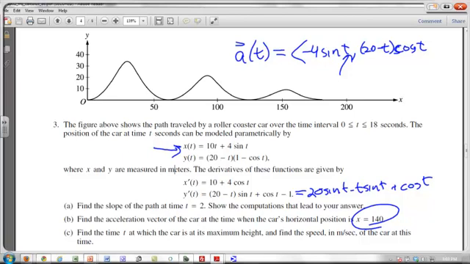Like x equals 140. You would say 140 is equal to 10t plus 4 sine t. This is a problem 3, so it's a calculator problem. So you don't have to solve it algebraically. You could solve this using the technology.